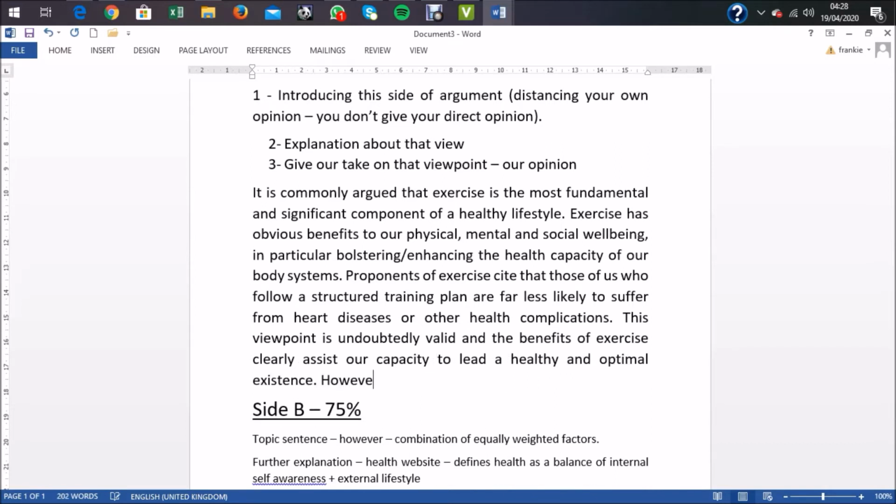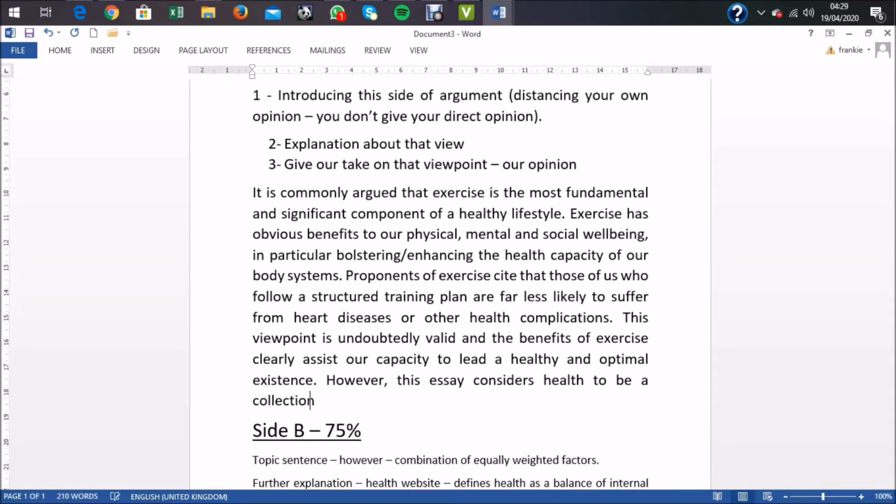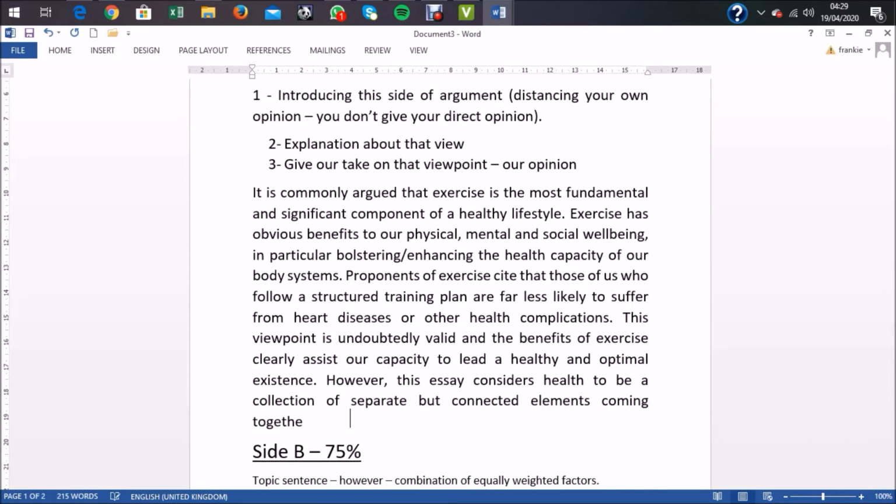However, this essay considers health to be a collection of separate but connected elements coming together, which will be explored in the next paragraph.